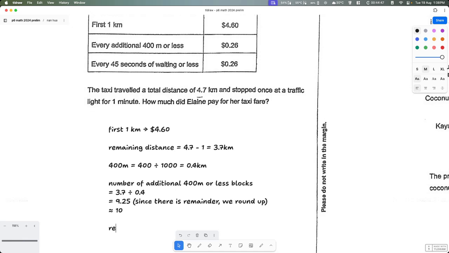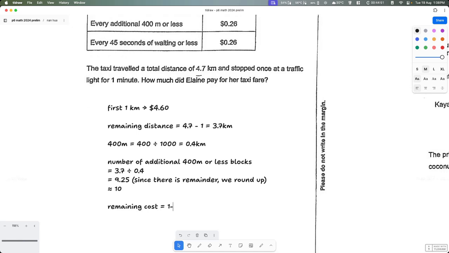So the remaining cost will be 10 times 0.26, which equals $2.60. Then we also have the number of 45 seconds of waiting or less blocks.